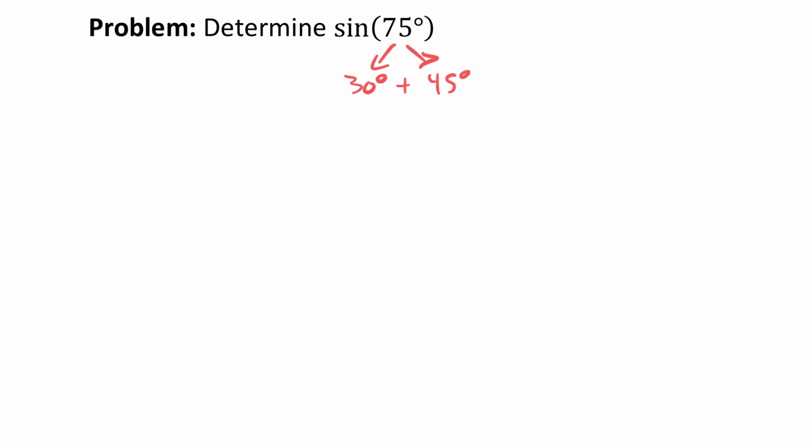And if you take a look at the formula sheet, there is a formula for sine of one angle, alpha, plus another angle. So sine of alpha plus beta is equal to sine alpha cos beta plus cos alpha sine beta. So go ahead and pause the video, plug in those angles, and see what you come up with.